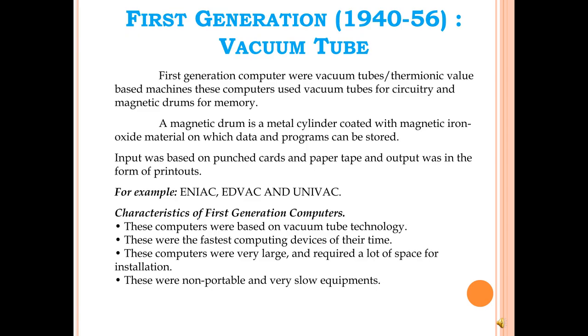First generation computers were vacuum tube or thermionic valve based machines. These computers used vacuum tubes for circuitry and magnetic drums for memory. A magnetic drum is a metal cylinder coated with magnetic iron oxide material on which data and programs can be stored.